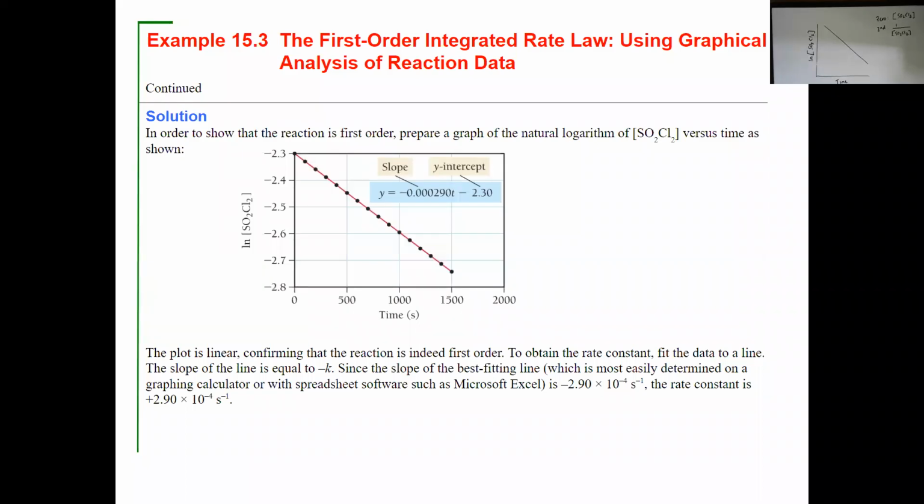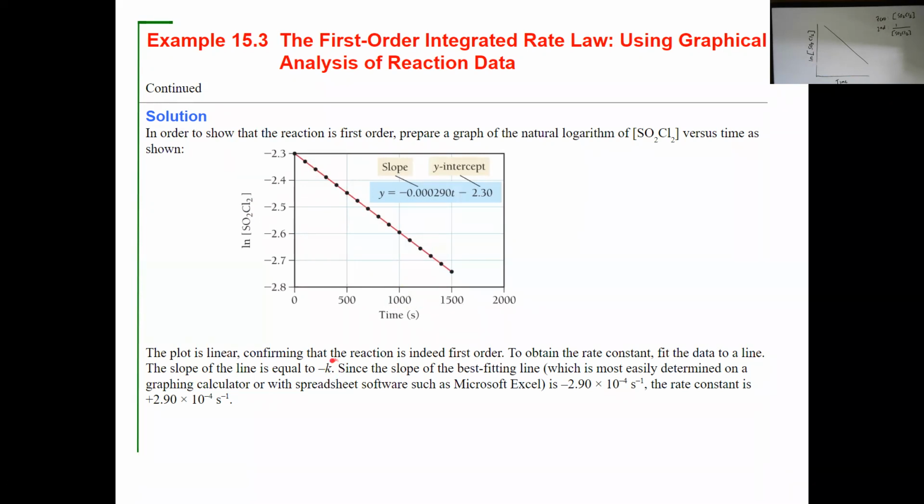So you see here how we take the natural log of the SO2Cl2 and we're plotting it against time, and now we have this straight line here. What we're going to see is that our slope value is a negative slope, and for your first order reactants, the slope of that line is going to be equal to negative k.